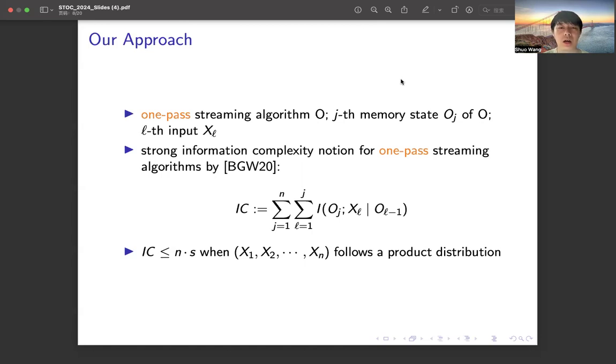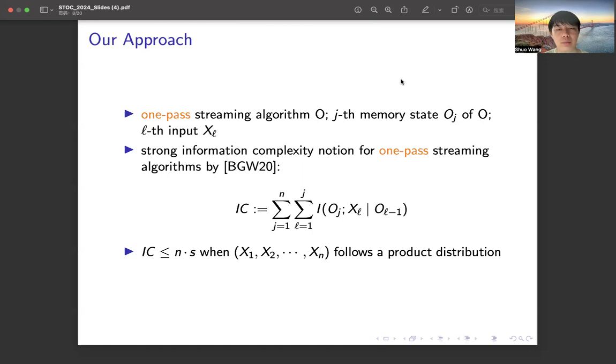Its randomness comes from the input data stream, since the input data stream could be a random variable, and it also comes from the private randomness of the streaming algorithm itself. Here we use Xl to denote the l-th input to the one-pass streaming algorithm, and Xl could also be a random variable.